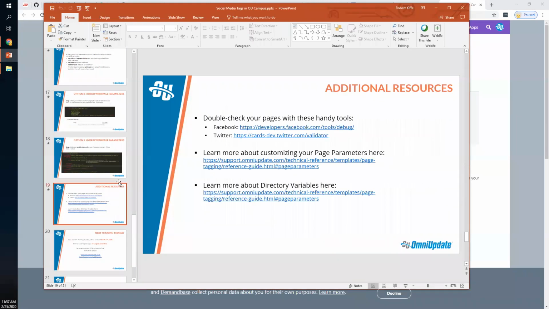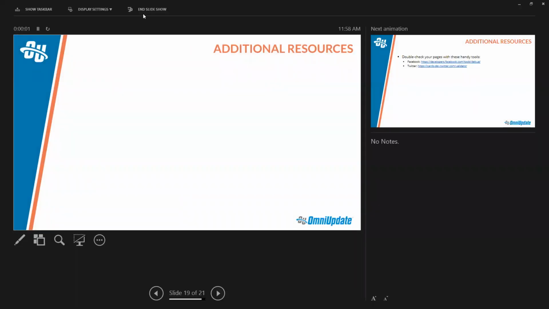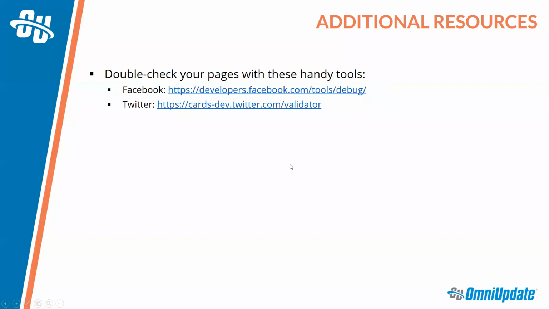Otherwise, let's just mention these last things and click the right button this time. Here are the links to those Facebook and Twitter validator checkpoints that you can use to validate your work.